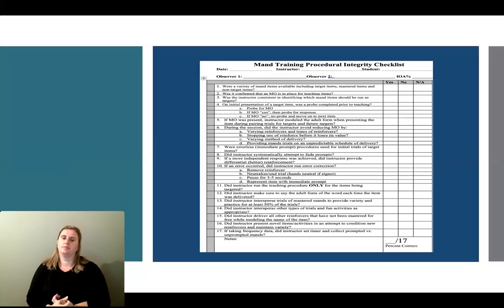Also, employing these specific checklists as a form of feedback would take the emotion out of feedback delivery. So it would be objective, in that we would be delivering feedback based on specific performance and specific behaviors that have already been operationally defined, rather than including emotional responses regarding implementation in our feedback.